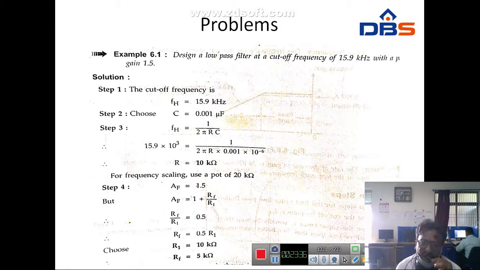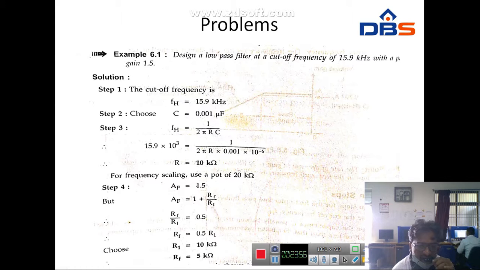Solving that equation, we get the R value: R is equal to 10 kilo ohms. For frequency scaling, we have to use 20 kilo ohms.